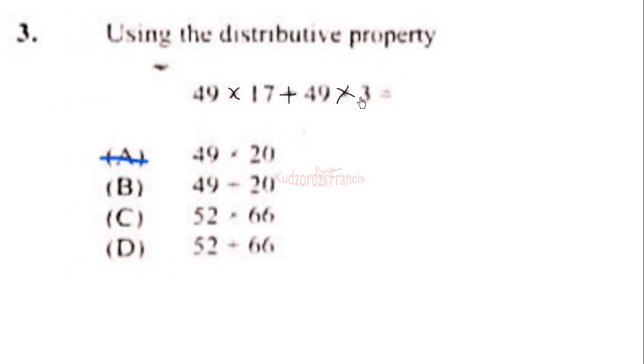This is the same as 49 times (17 plus 3), and that will be equal to 49 times 20, and that answer will be option A.